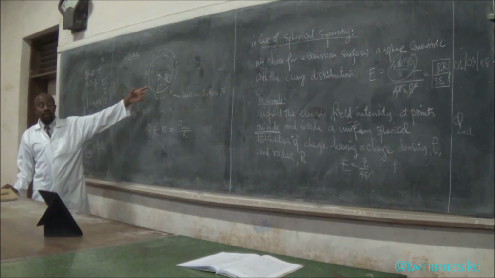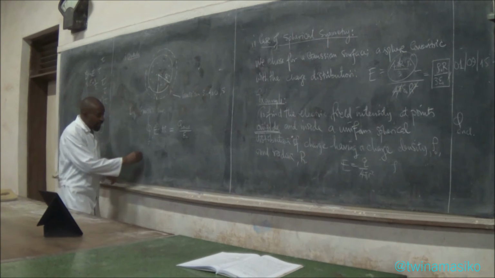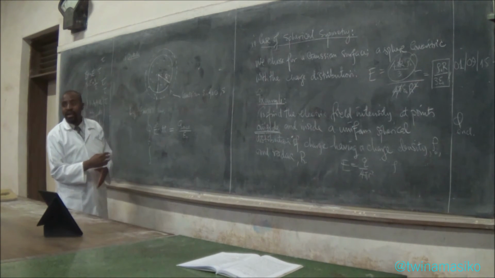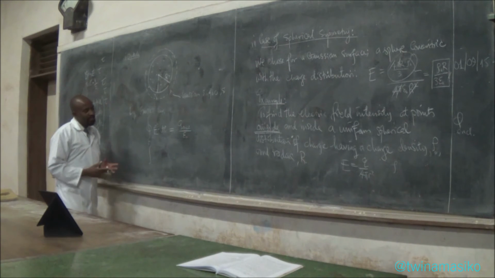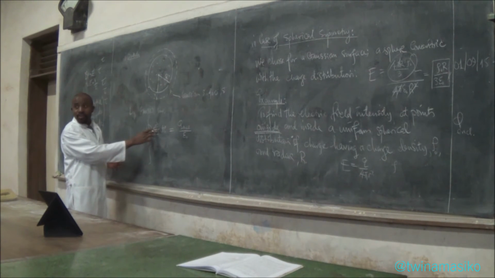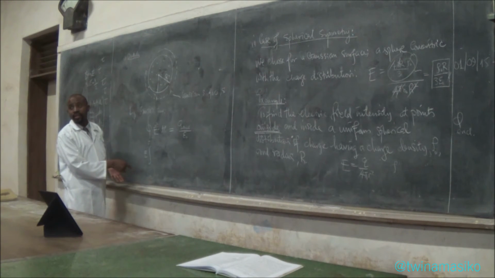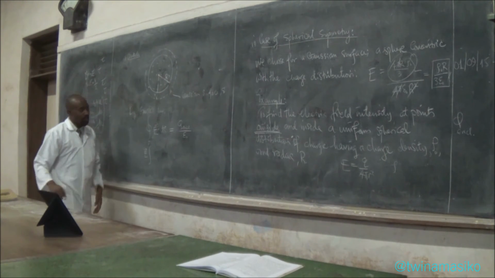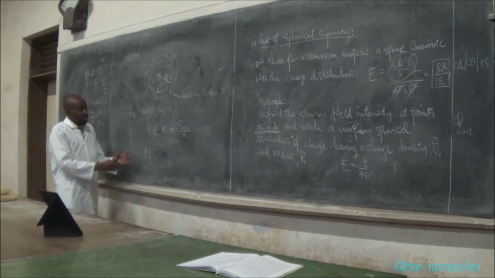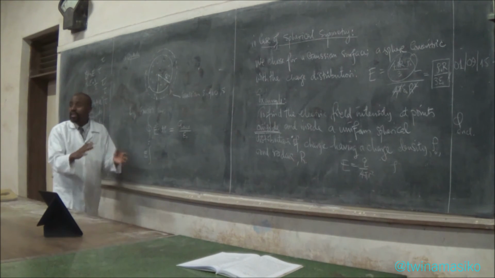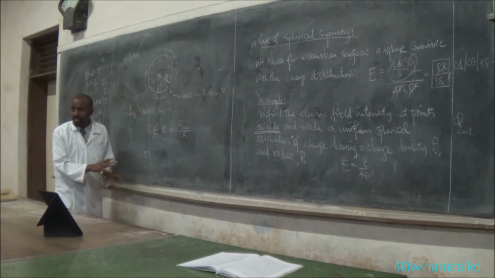So I say integral over the whole of my sphere. They need me to find the electric field intensity, so I can put it outside the integral because it is the one required. It's a dot product, so I have no problem, and for now I may forget about the issues to do with the vector so that my life becomes easy.